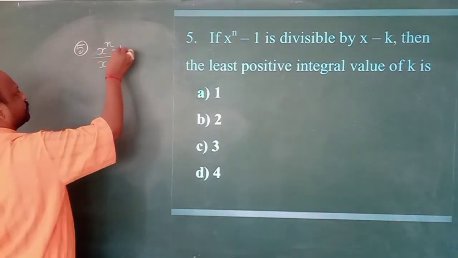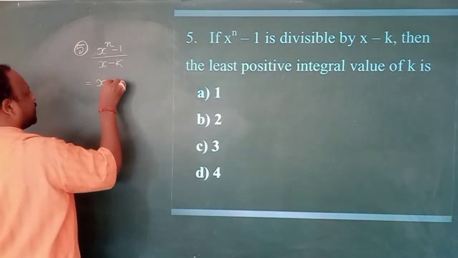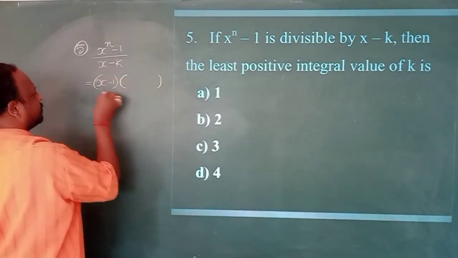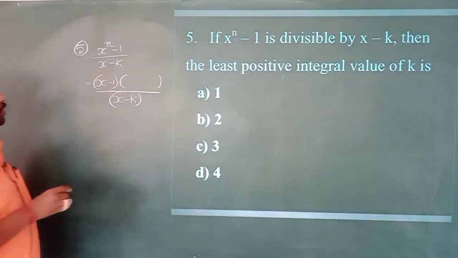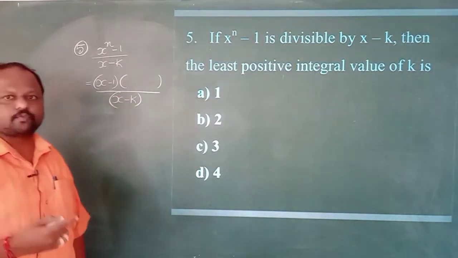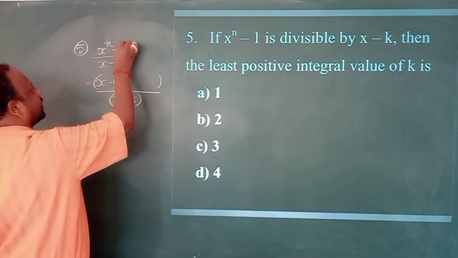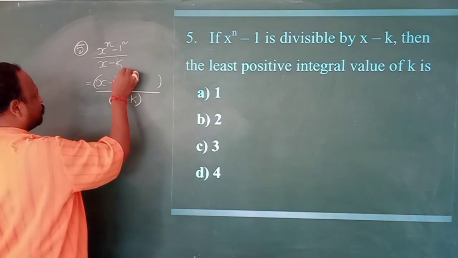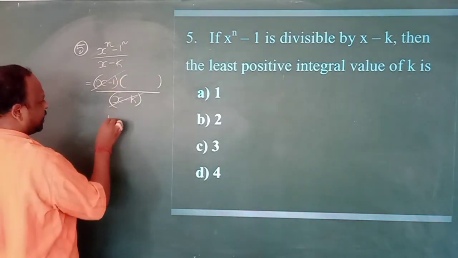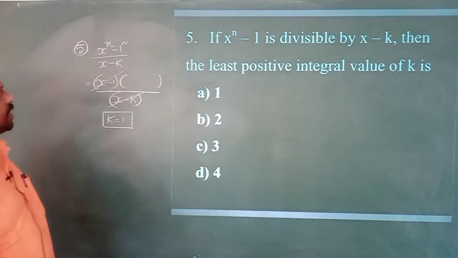So here x power n minus 1 is always of the form x minus 1 into some expression, according to a cube minus b cube or a square minus b square. So to cancel these two, the k value should be 1.